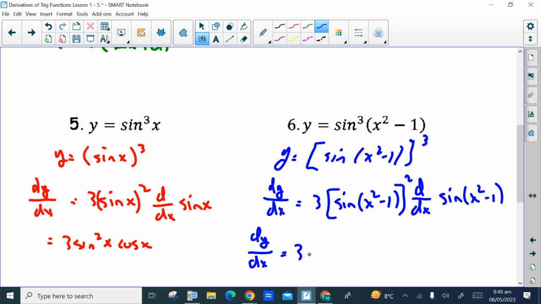So I'll have 3 sine squared x squared minus 1 times the derivative of sine x squared minus 1. So you're going to have to use the chain rule a second time now. To find the derivative of sine of x squared minus 1, we need to use the chain rule a second time. The derivative of sine is cos, so it's the cosine of x squared minus 1 times by the derivative of what's inside the bracket.